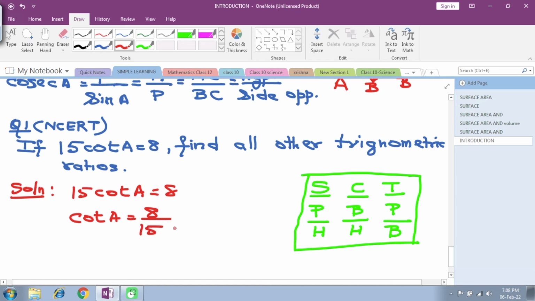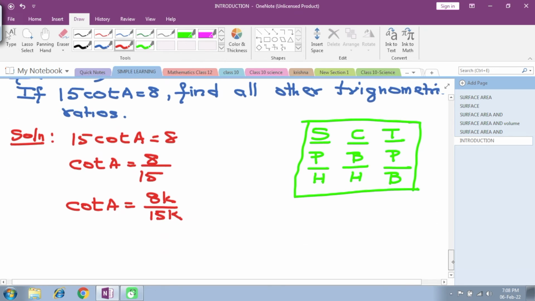Because this is a ratio, I can multiply it by any number, say k. I multiply it by k, 8k upon 15k. When I multiply it by any number, the ratio does not get altered.